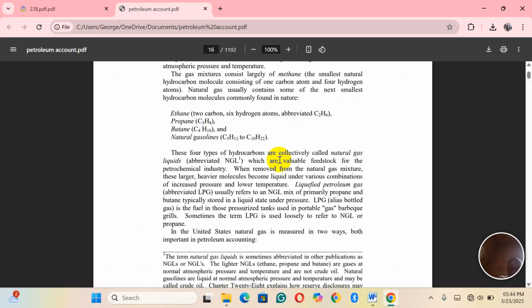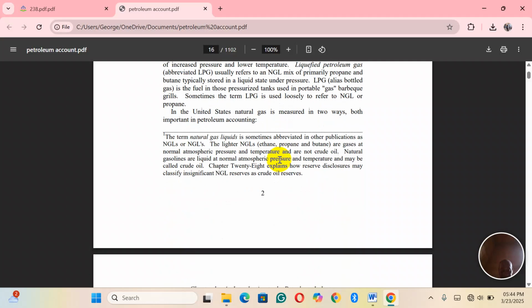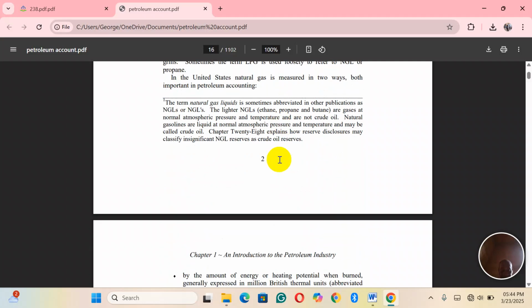Natural gas is measured in two ways, both important in petroleum accounting. So we've been able to look at some of those definitions. The term natural gas liquid is sometimes abbreviated in publications as NGL or NGLs.